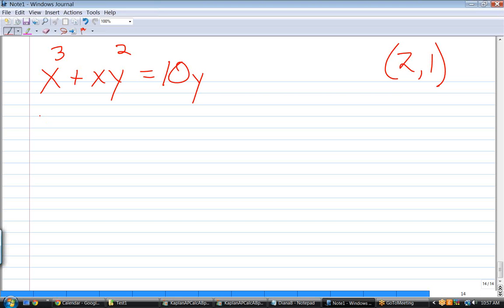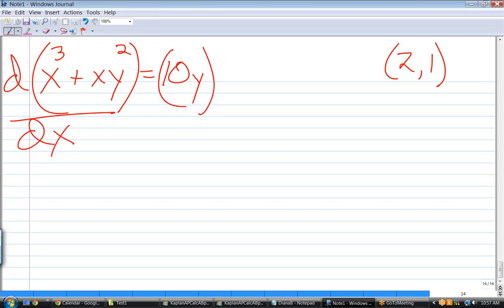In other words, this is what we're going to do. We're going to take the derivative of that with respect to x, and we're going to take the derivative of that with respect to x. So when you take the derivative of something with respect to x, you basically just explicitly differentiate everything that's x, and when you run into a variable that isn't x, then you have to follow it with dy/dx.